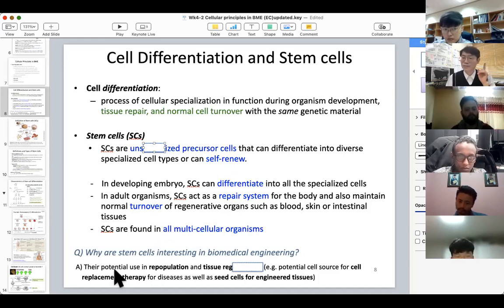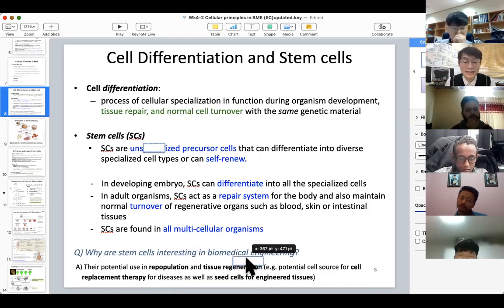Yeah, their potential use in repopulating tissue. Let me ask Kuhinor, can you guess? Regeneration. Yes, exactly. Tissue regeneration.